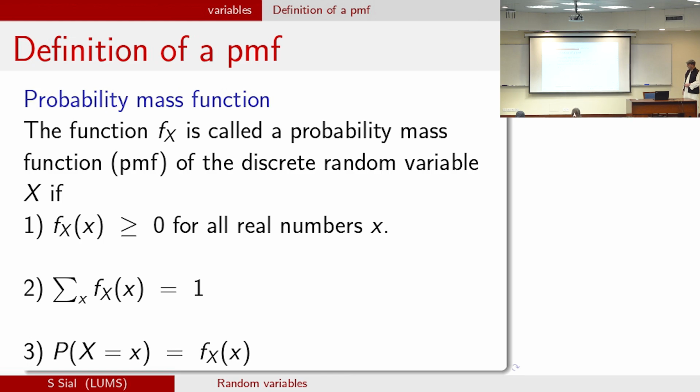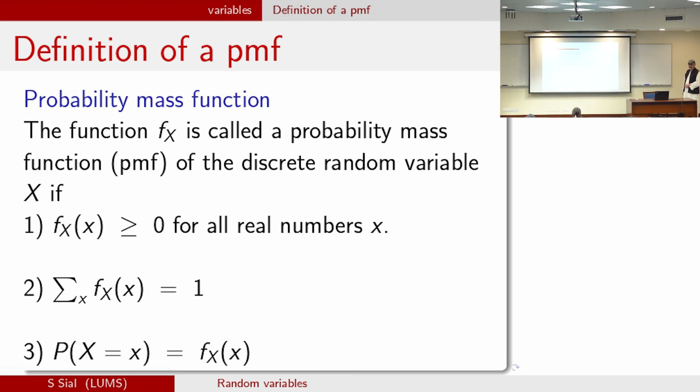The sum over all the admissible values small x that the random variable capital X takes, you're summing over probabilities. So those probabilities should sum to 1.